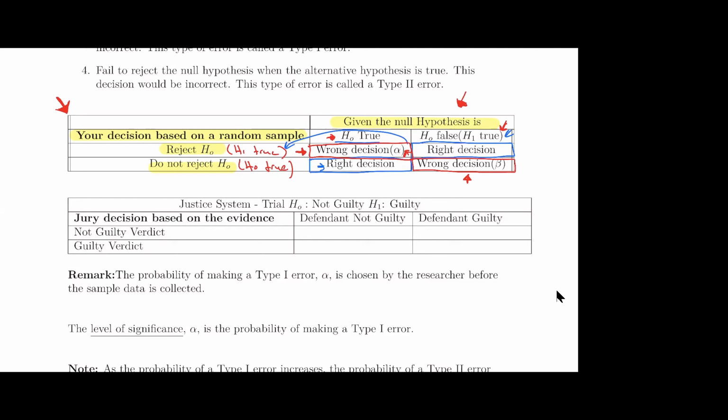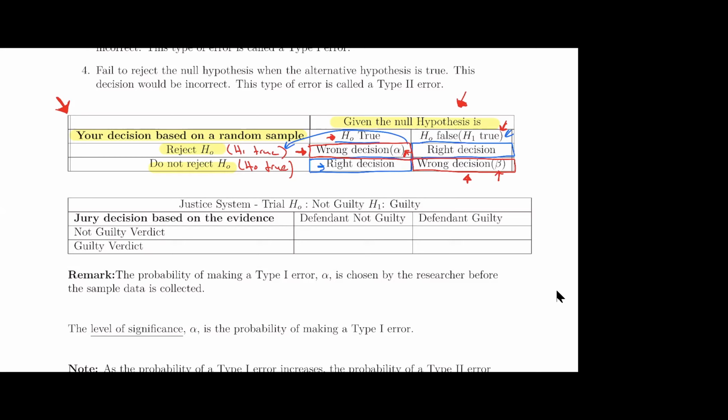So we're saying the null hypothesis is true based off of our sample, but in actuality, the alternate hypothesis was correct. So that's why this is a wrong decision, and this is a type 2 error. That's a breakdown of all the conclusions you could come up with, based on whether the null hypothesis or the alternate hypothesis is true.